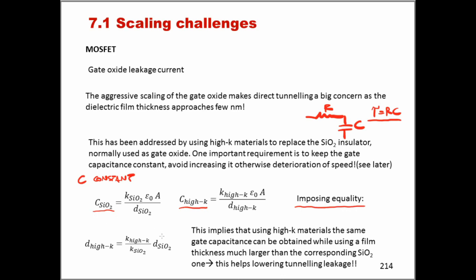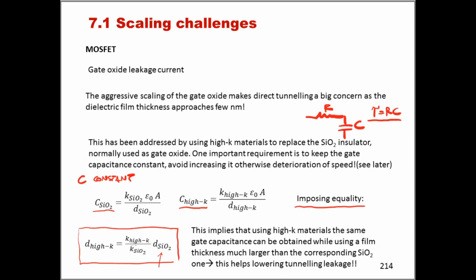By imposing this equality, we immediately realize that this equation tells us which must be the thickness of this high-K insulator that I need to use in order to replace my original silicon dioxide. And you can see that the proportionality factor is effectively the ratio between the dielectric constants of the two materials.